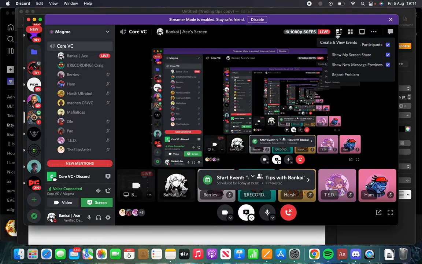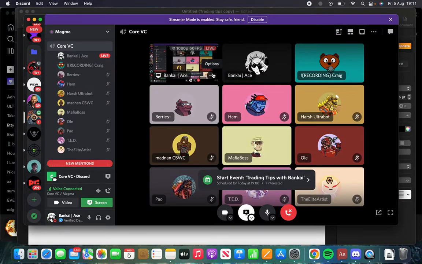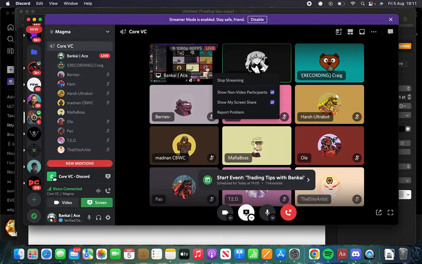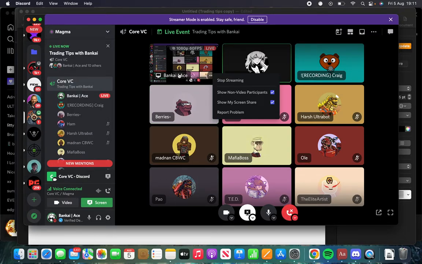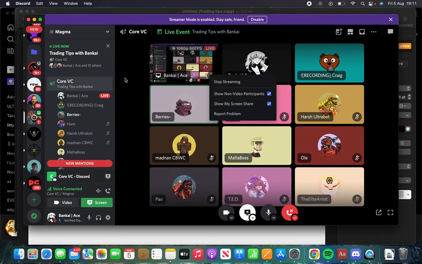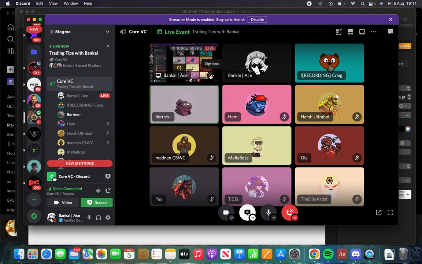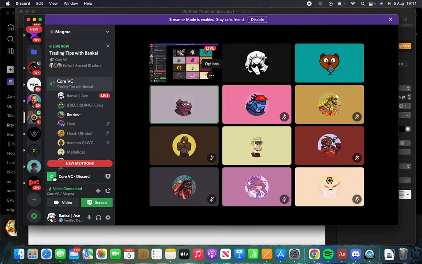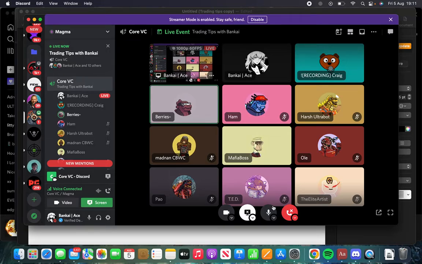Berries, how do I change the screen to Chrome on the Discord? As in the share my screen option? On Mac, in order to do that, you need to have them all on desktop, so you can't use them full screen.